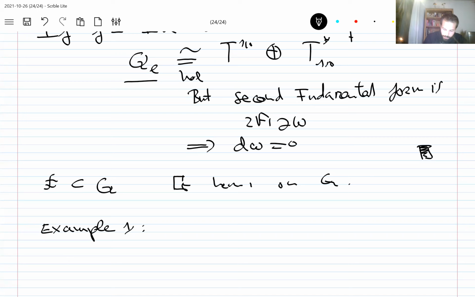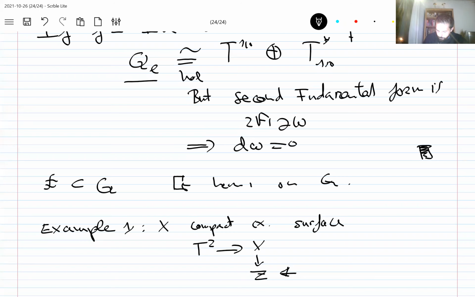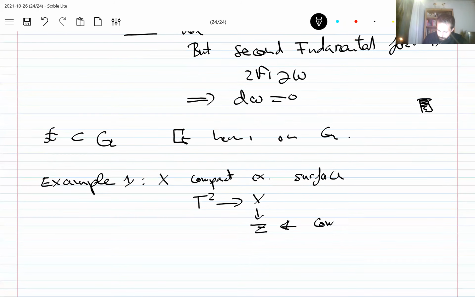You have X a compact complex surface, which is a holomorphic T² fibration over a compact Riemann surface of genus bigger or equal than 2.